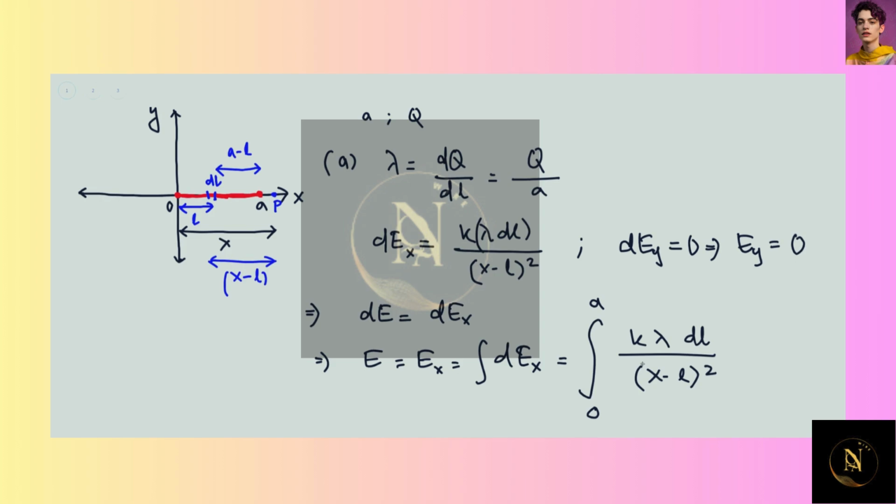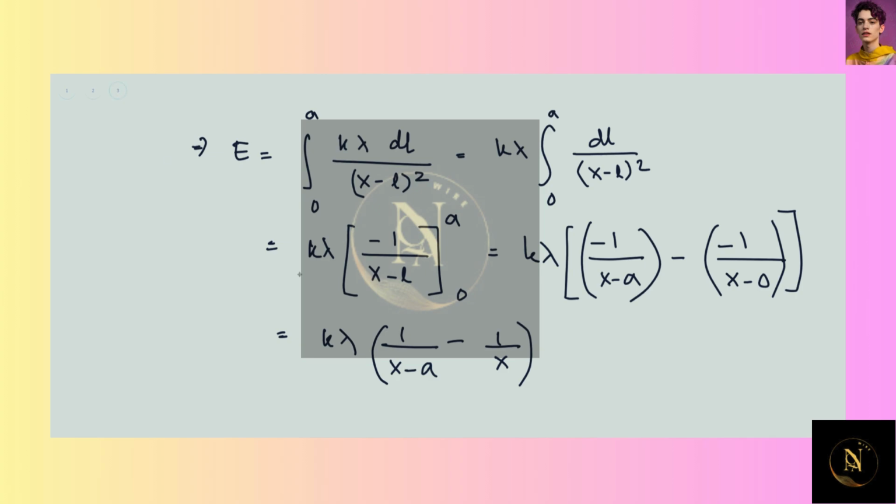Oops, I missed a place, and there is a negative sign over here which I forgot. So this is how the integration should look, and after putting the limits, you arrive at something that looks like this.